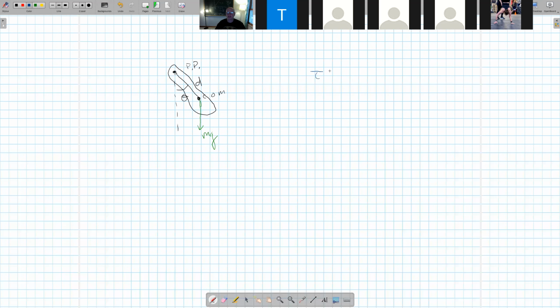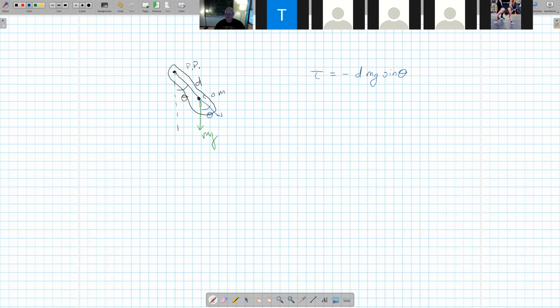So again, the torque is equal to negative of the distance, which in this case is d, the distance from the pivot point to the center of mass. Again, this angle here is the same as this angle. So it's times the force, which is mg, times sine of the angle between the two.